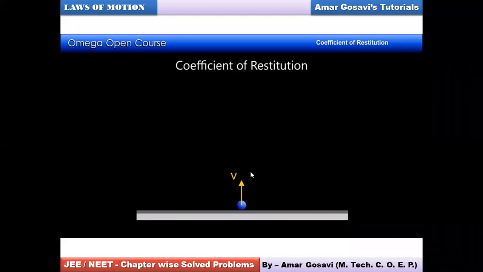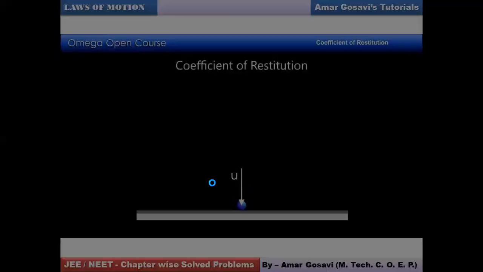So coefficient of restitution would be given as separation speed over approach speed. Going back to the previous slide, why have I taken separation speed as v? Because the floor is at rest, so v minus 0 is v. Therefore, the relative speed of separation is v.